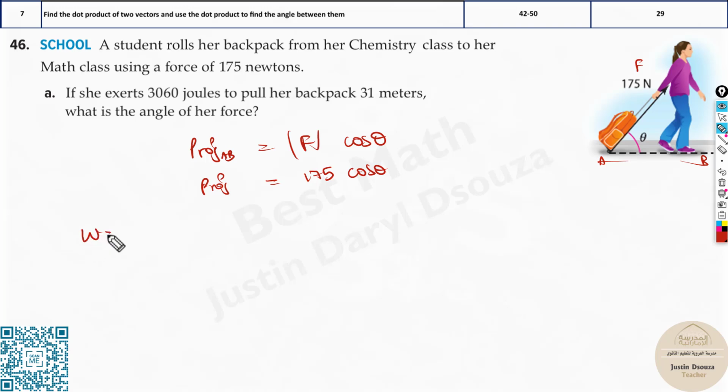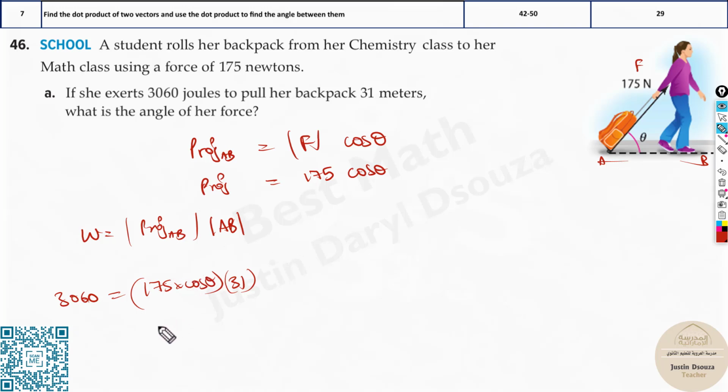Since it's electronic, you don't need to write anything in detail. Now let's write the work formula. Work is how much? Projection AB will be multiplied with the magnitude of AB. This distance. What is that? It's 31. This one is 175 times cos theta multiplied by 31 equal to, what is the work? 3060. You can just put this in the calculator and solve it, or you can take this to the other side, multiply these, and take the cos inverse.